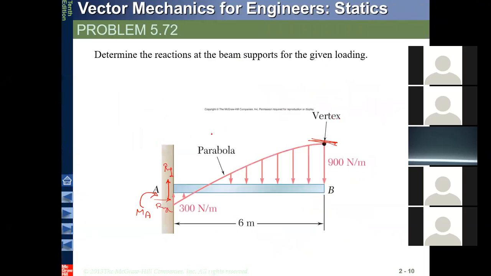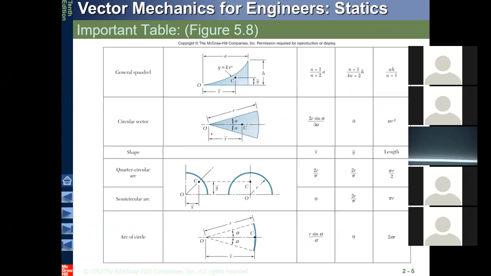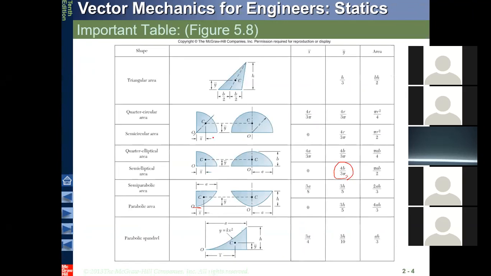The total, it is actually the area. If you refer to the table, then for a parabolic area, it is actually a semi-parabolic area because it is cut in half. You have the area 2AH over 3.